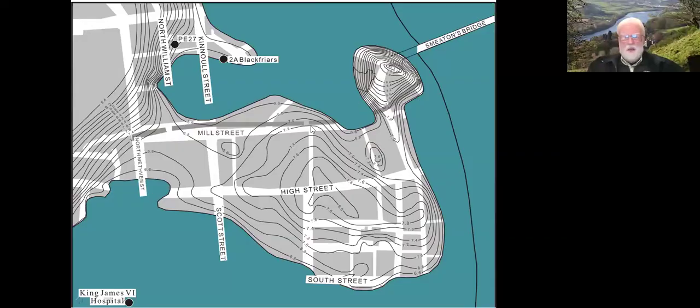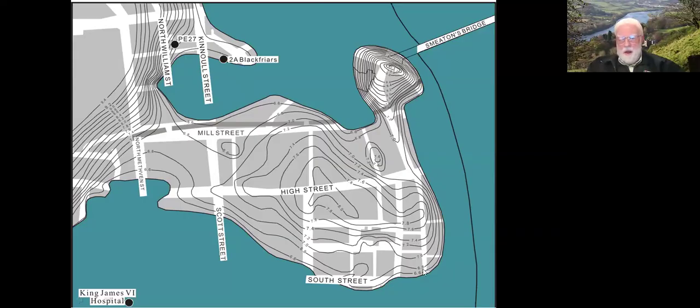That's the emergence of the northern defensive circuit there. That's an 18th century artifact. That's the approach ramp to Smeaton's Bridge. This area here is the Magnum Stagnum that I pointed out earlier. And so you can see how high flood levels define the natural boundaries of medieval Perth and dictate where the settlement first grows up.